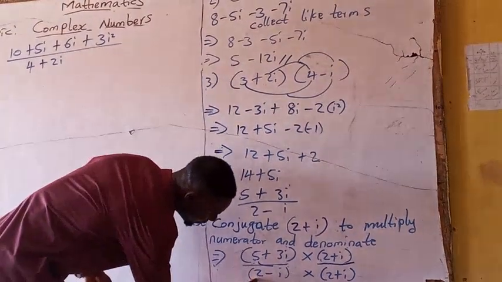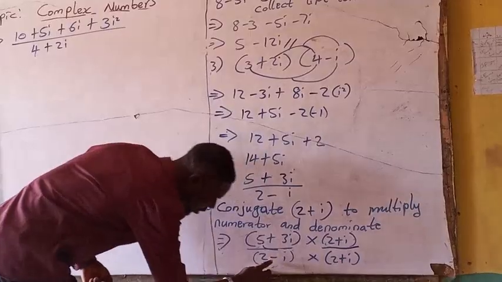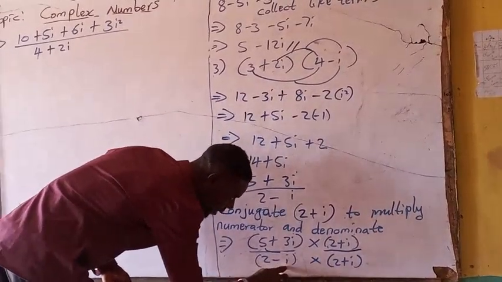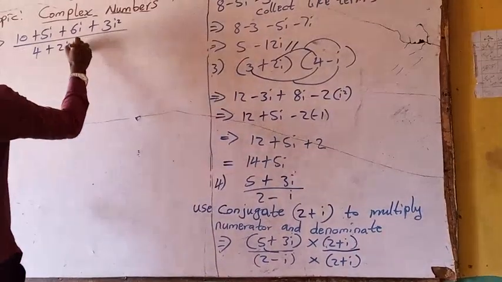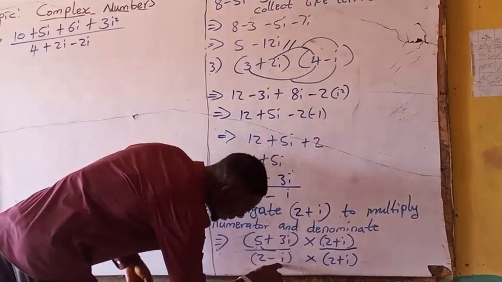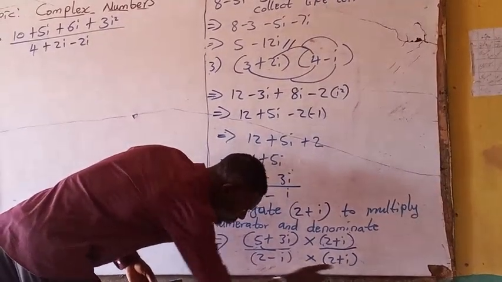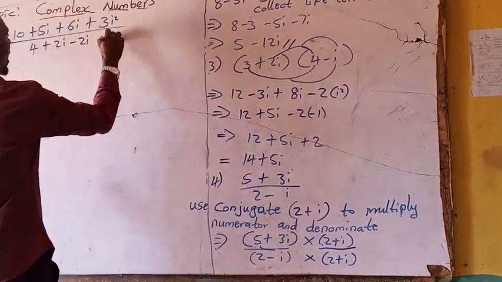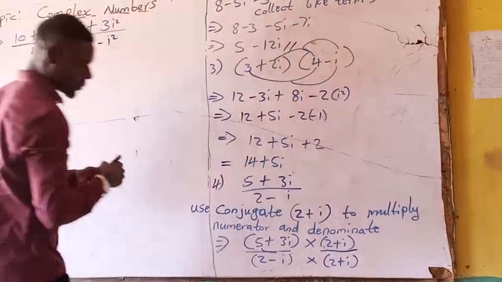Now we are done using this first number to multiply everything. Now I want to use this minus i to multiply everything here. Minus i times 2 will give us minus 2i. Minus i times plus i will give us minus i squared.